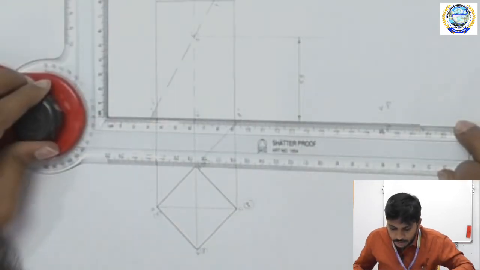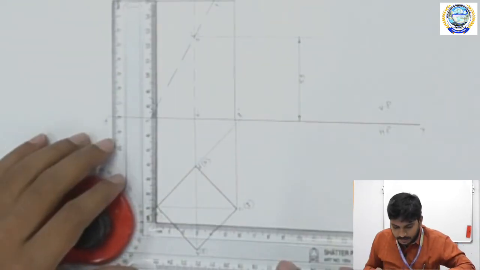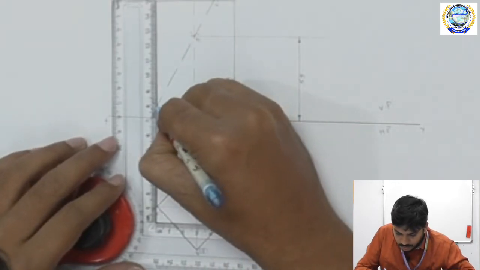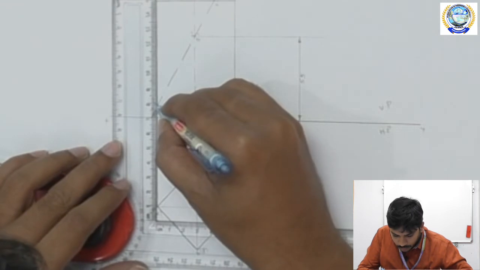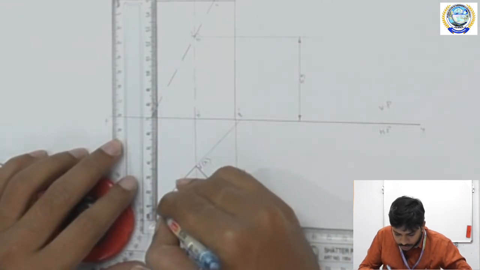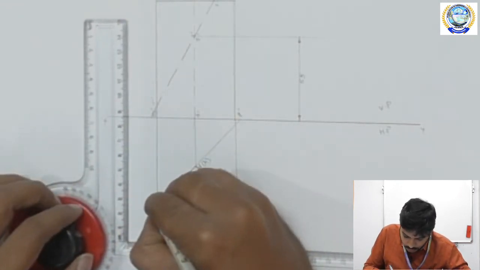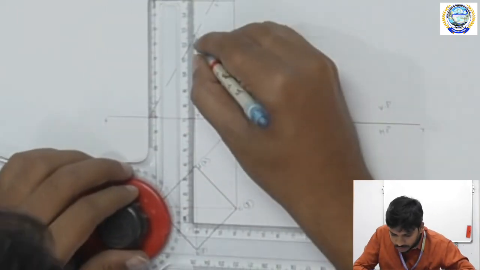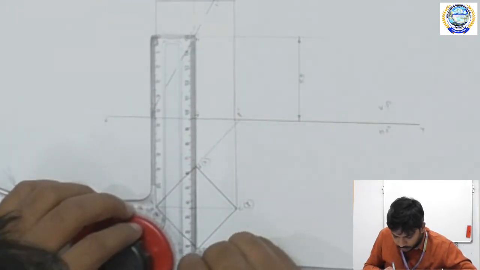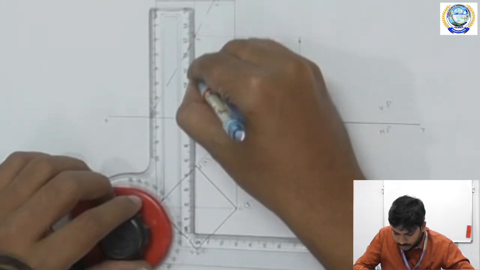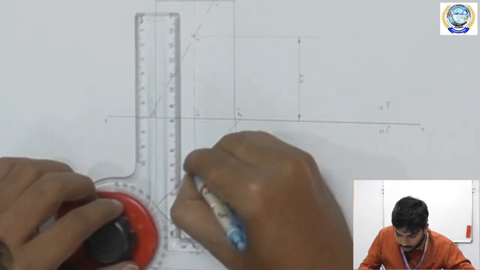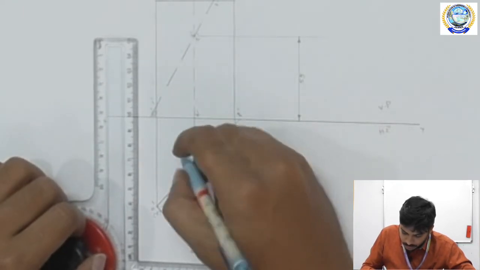So now I am going to extend these cutting points downward. 1 dash 2, I am going to extend this point downward. This one 1, 2 dash 2, this one B, this one 2, again the same point coming in the same line.